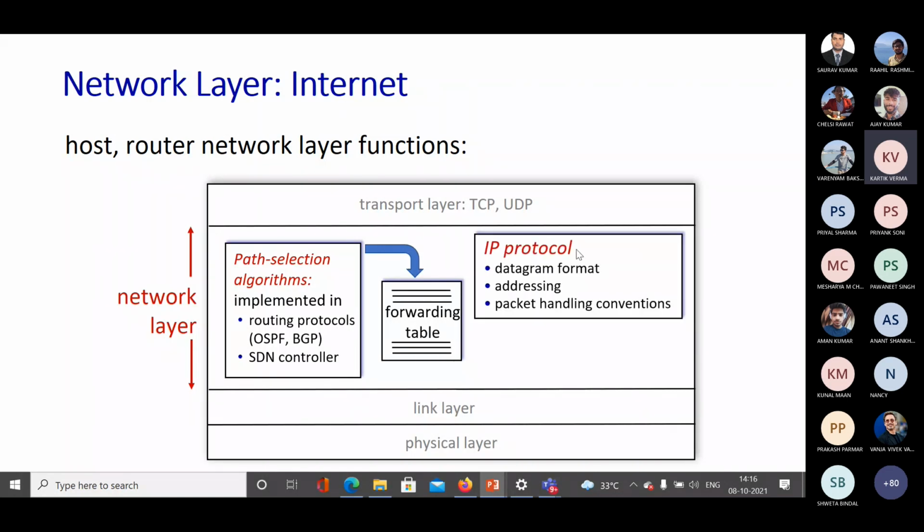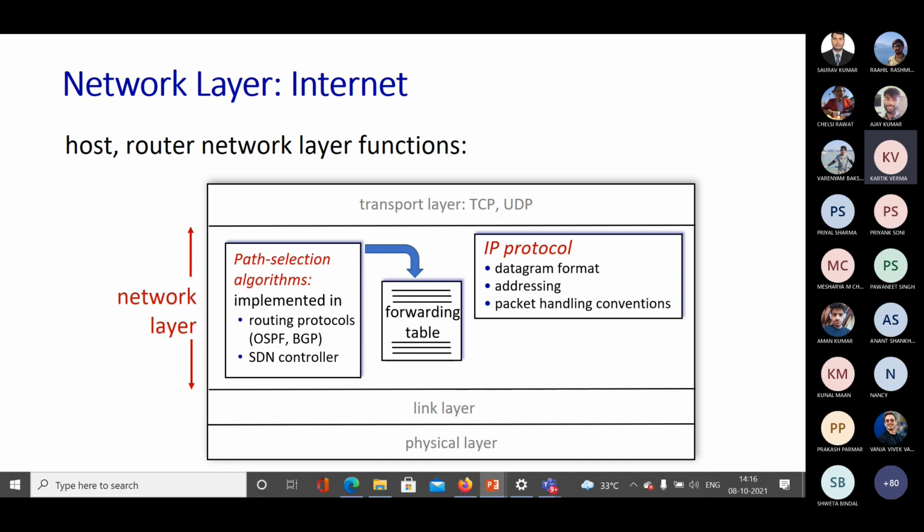What's next? The other set of functions is the IP protocol. Okay, what does it handle? See, you have received a segment from the transport layer. Okay, you now have to make it a datagram, so therefore you need the datagram format. Here, what is the network layer's task? You know that it has to give an address, right?